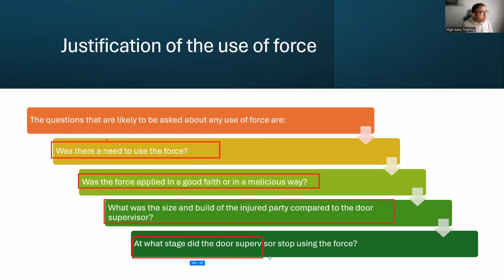At what stage did the door supervisor stop using force? Somebody might just keep on beating them up. Why? Until they were a threat, you can obviously use the force. But once they are not a threat, you're not allowed to use any excessive force. Okay.